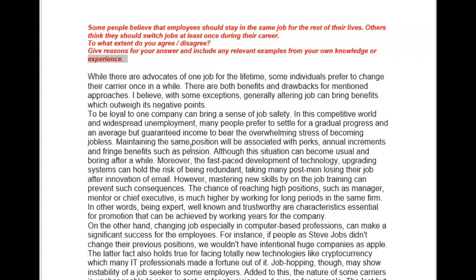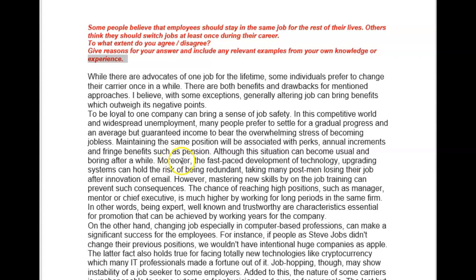"Moreover, the fast-paced development of technology, upgrading systems, I think that's what you mean, can hold the risk of being redundant." I don't understand that. "Taking many postmen losing their job after innovation of email." All right, I think I know what you're trying to say, but it's not really precise in terms of language. So let's try to clean that up a little bit.